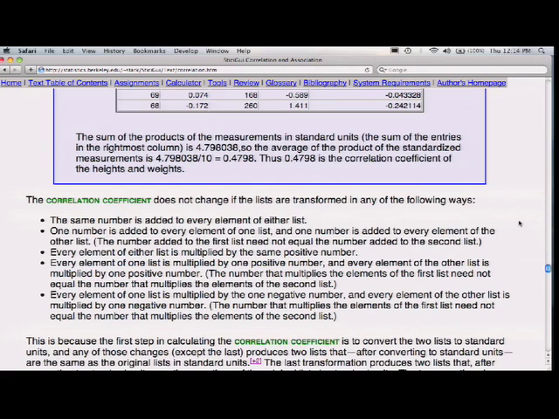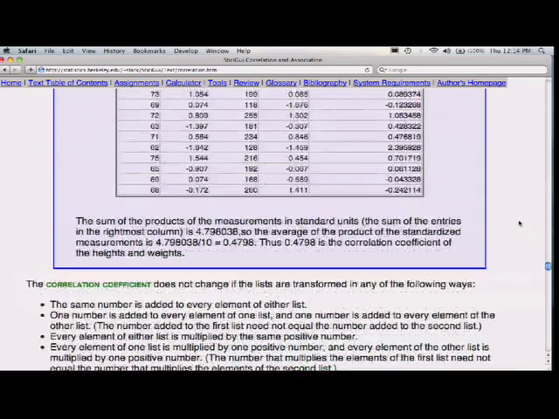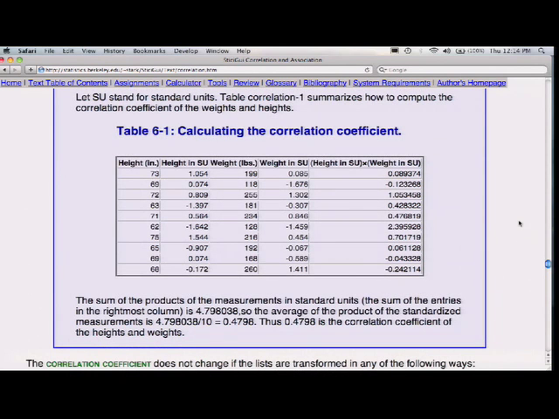All right. Let's think about what goes on in this calculation. The first thing that goes on is we convert each of the lists to standard units. Suppose that my yardstick is 2 inches too short.